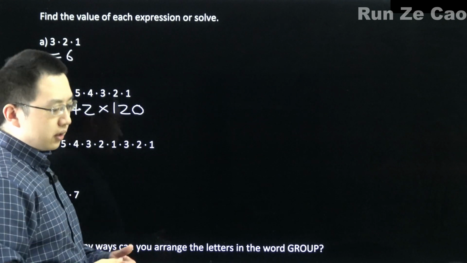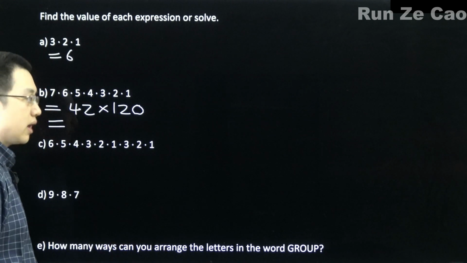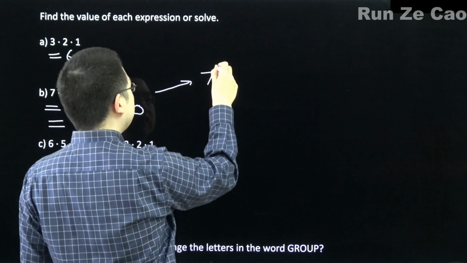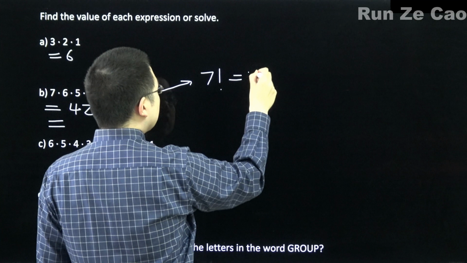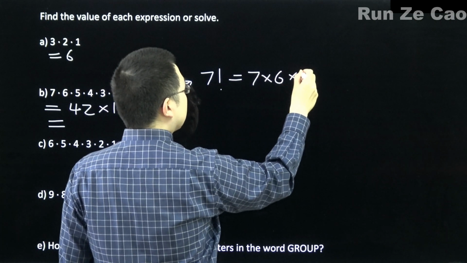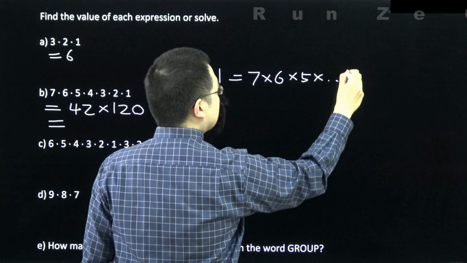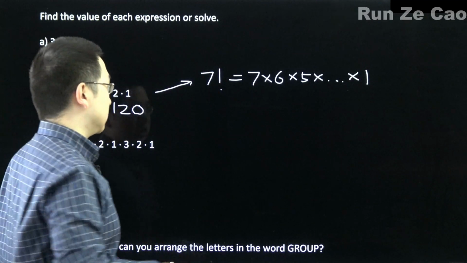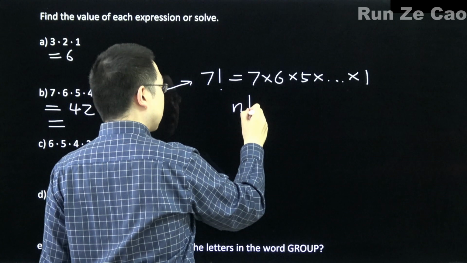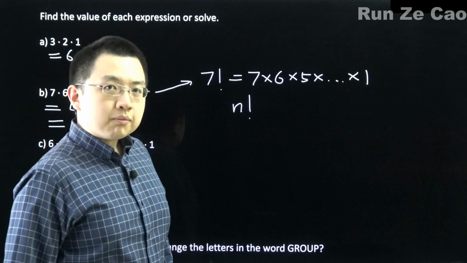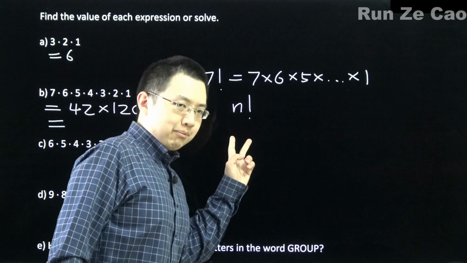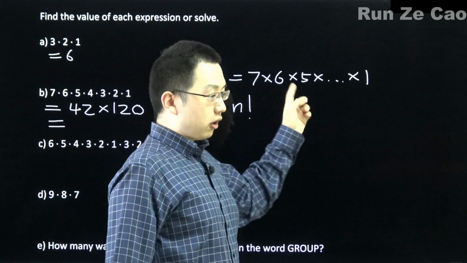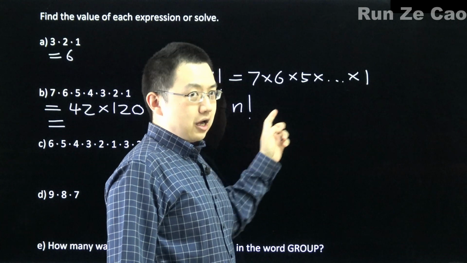If you had a calculator, this could be done with the factorial sign, because this is 7 factorial, which is equal to 7 times 6 times 5 times ... times 1. The factorial symbol, which on your calculator should be given like this, means multiplying from that whole number down consecutively smaller whole numbers all the way to 1.